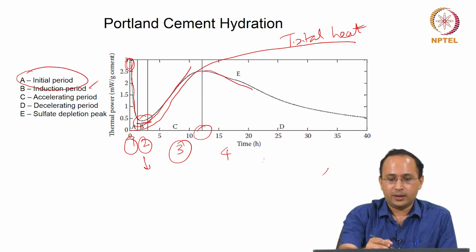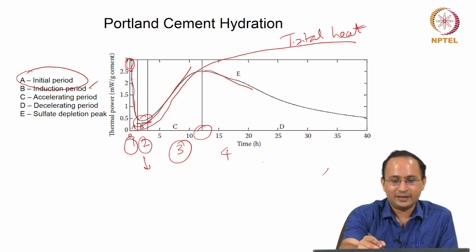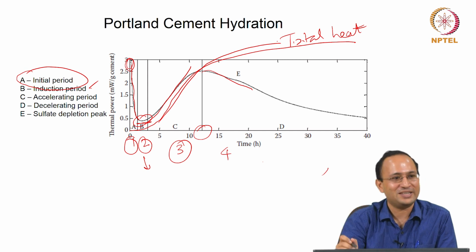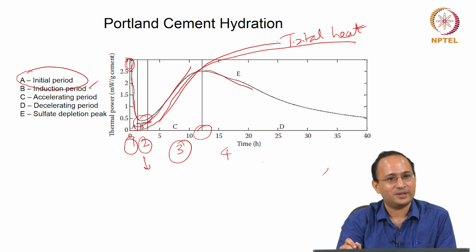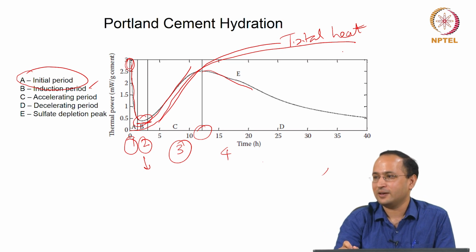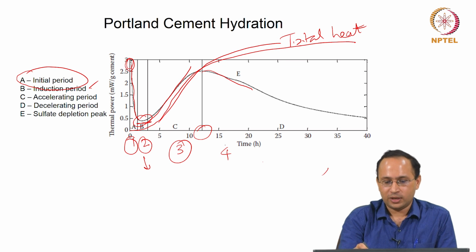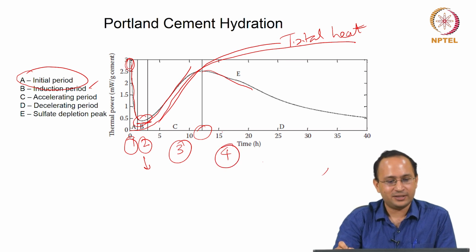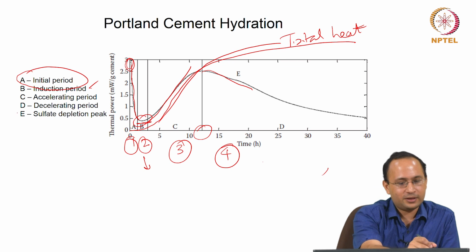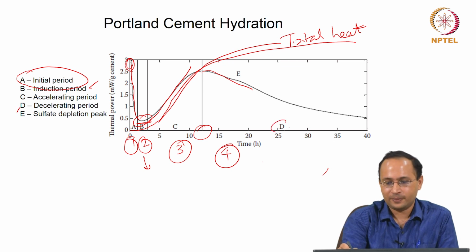So the total heat plot, you can see after this main peak, the slope changes, right. So you have this acceleration period, then your slope is changing, right, but still you are seeing this increase, right, it will go on. So that decelerating period was D here, right.